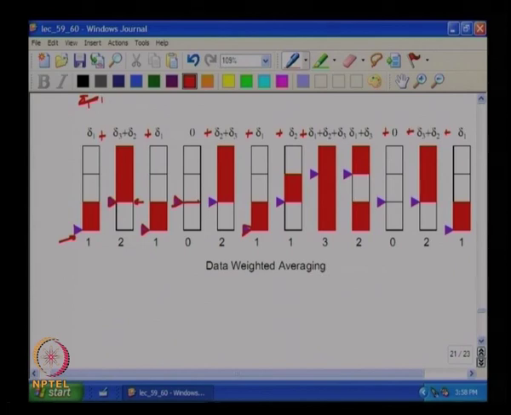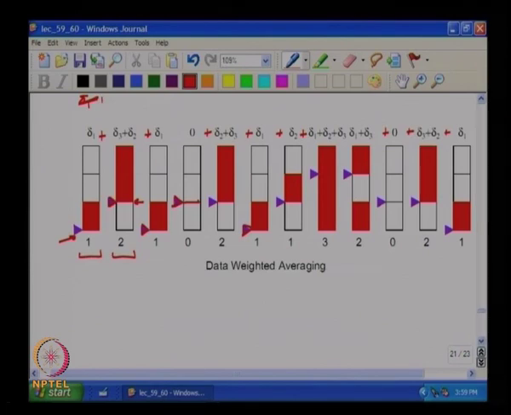One thing you must understand is that again for every code the number of unit elements which are on is exactly equal to V, right. If V of n is the code, the number of unit elements on is V of n, regardless of which DAC, all the DACs we have seen, whether it is randomization, whether it is tree based element matching, whether it is individual level averaging, or whether it is data weighted averaging, all right.